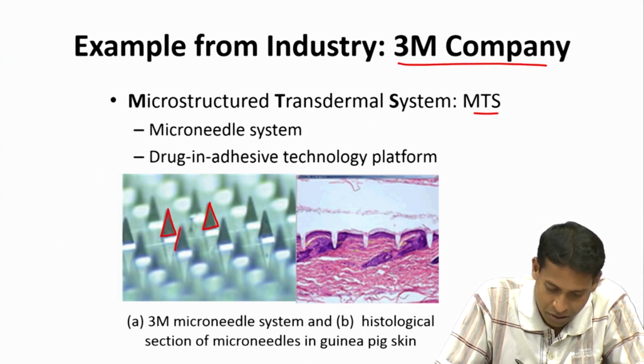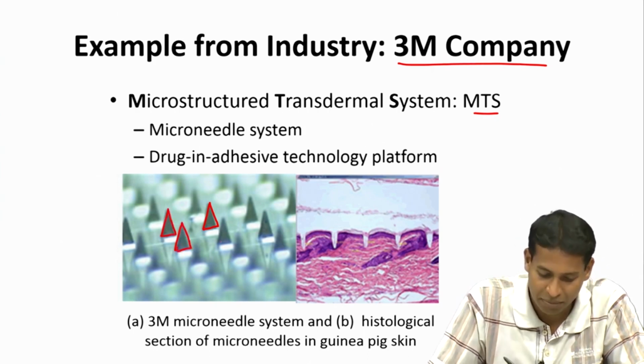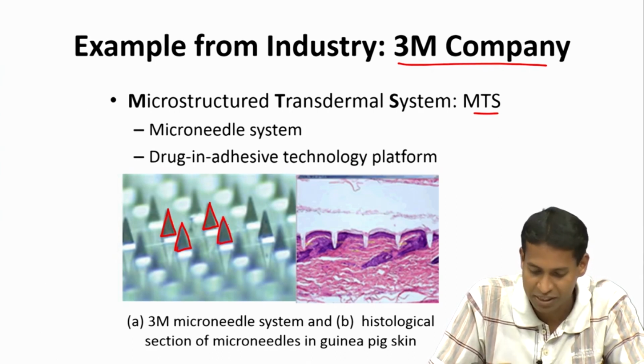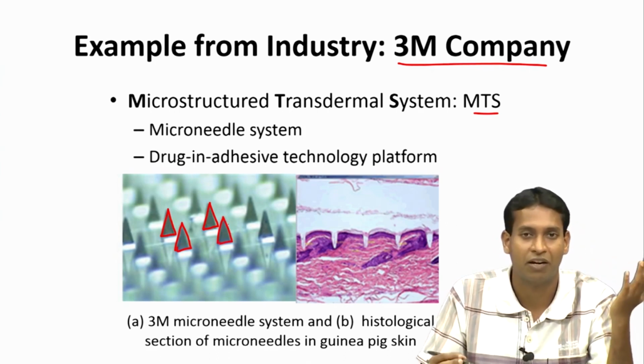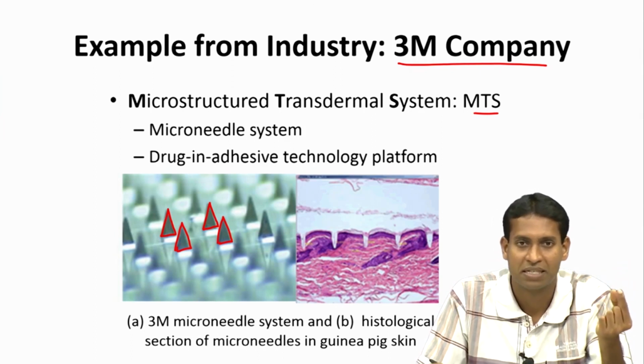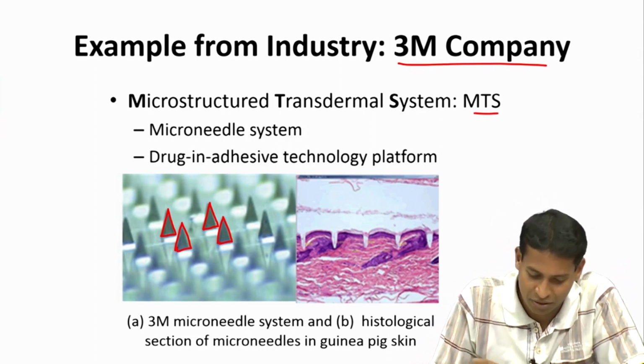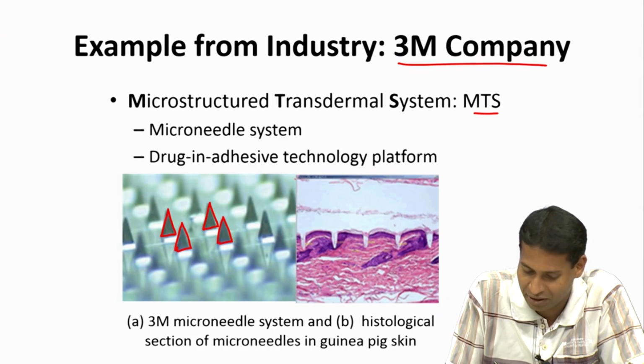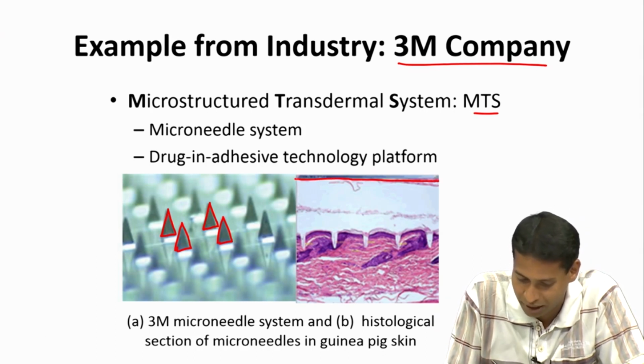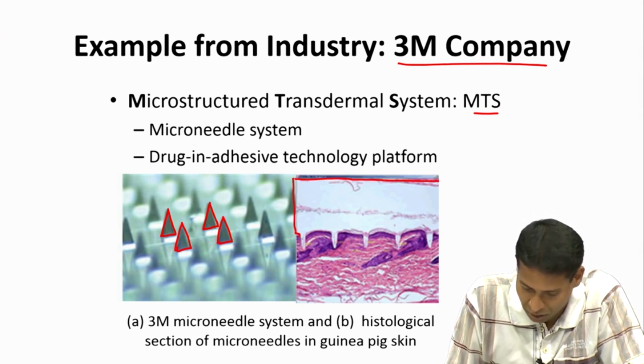So these are nothing but micro needles, which are arrayed on, let us say, a silicon wafer or any small plastic tube, and in this case what you are seeing is the plastic mold on which these micro needles are.